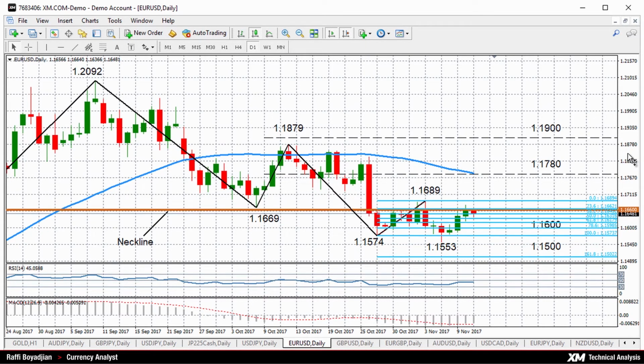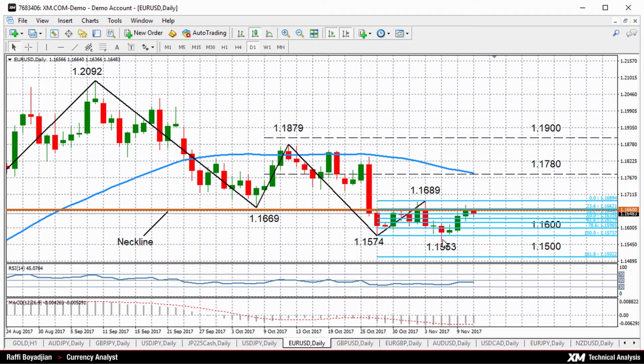A drop below that level, we could see euro dollar once again targeting the lows below 1.16. We had the low late in October, 1.1574. That was breached in November, 1.1553.